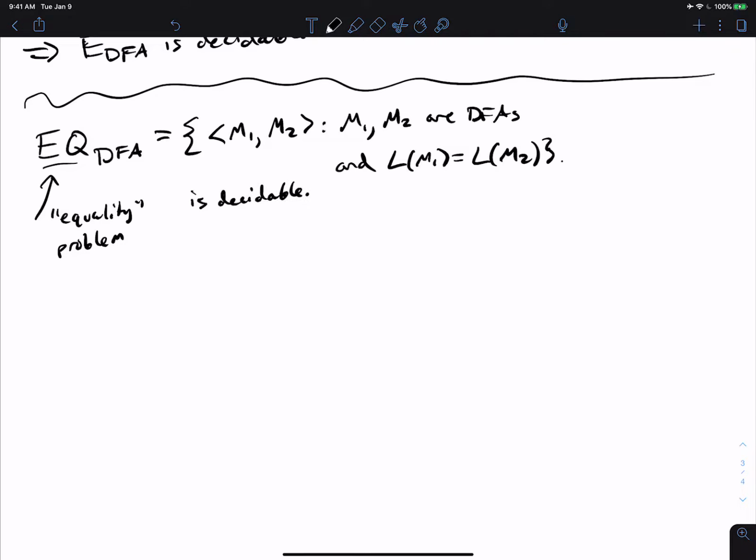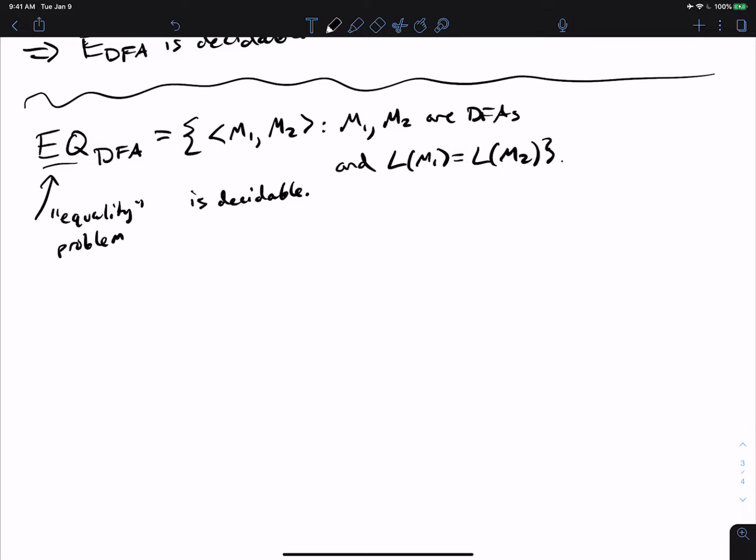If you are unfortunate enough to be a grader for a large theory class like this one, and you want to test whether student submissions of DFAs match the instructor solution, well, that's easy. You can just run the algorithm that we're going to talk about here. And if the decider says no, then that means that the student solution does not match the instructor one.